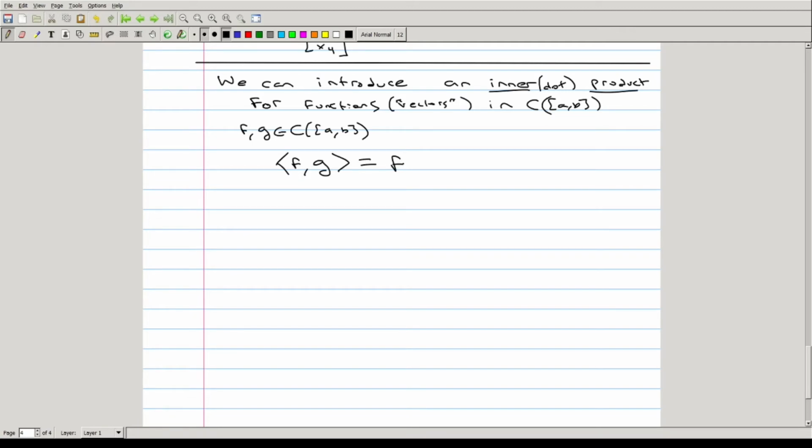The book that we're using, Engineering Mathematics, introduces the normal dot product notation that you're familiar with for normal vectors. But we introduce this as the integral from a to b of p of x times f of x times g of x dx.